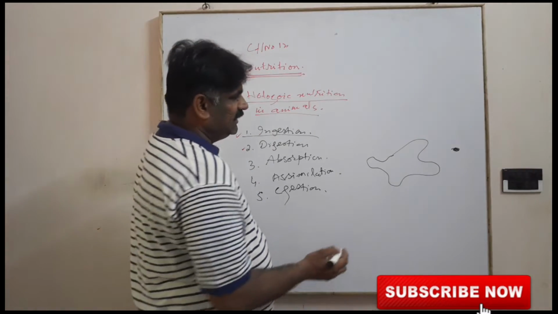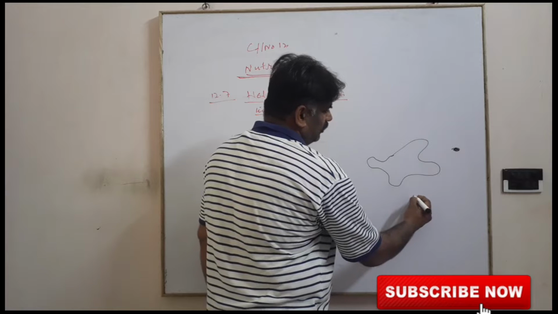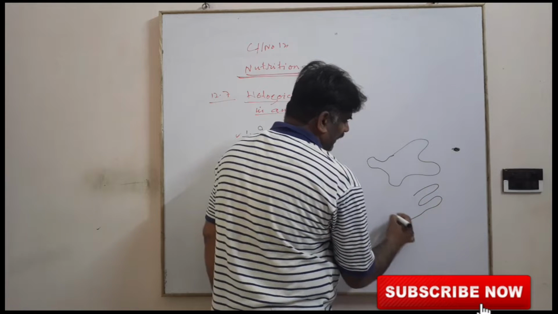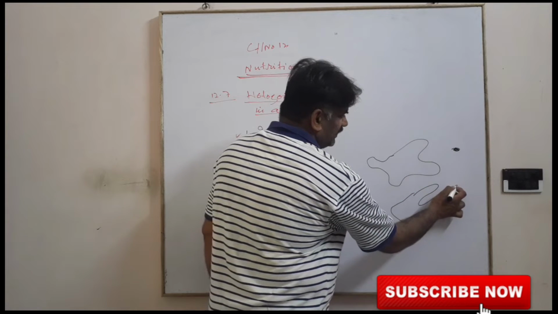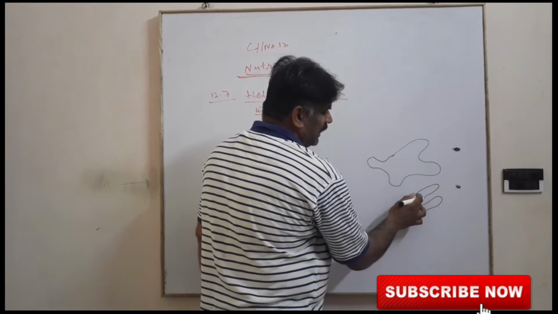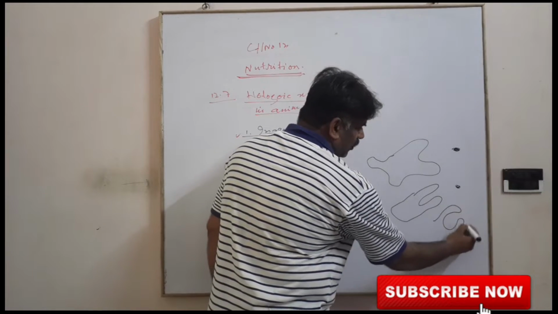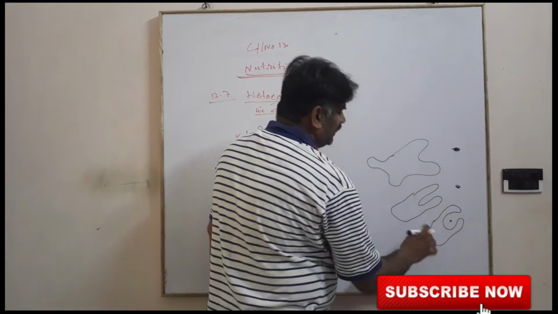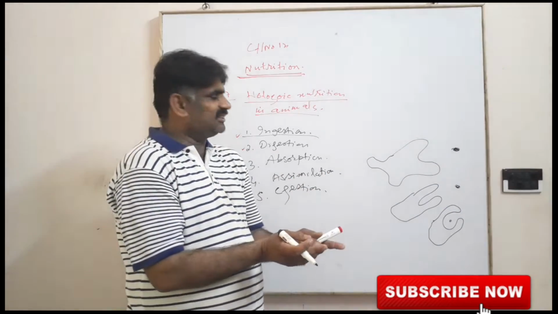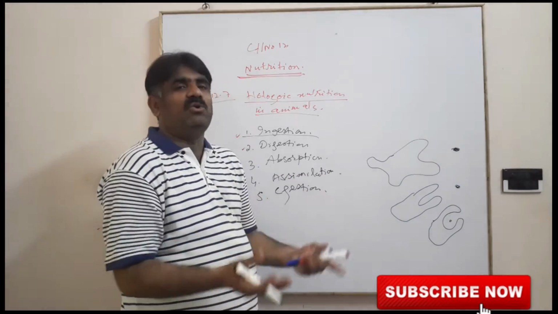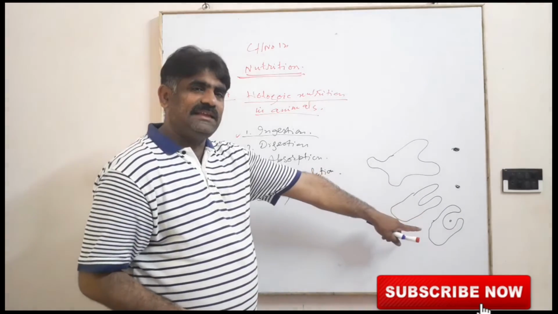It will extend its pseudopodia as finger-like projections, and this is the food particle. The amoeba extends its pseudopodia over this food particle and makes a cup-like structure. This cup-like structure acts as a mouth, as in higher animals. So it is used for ingestion.